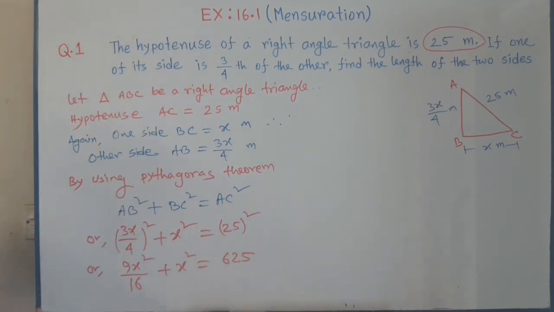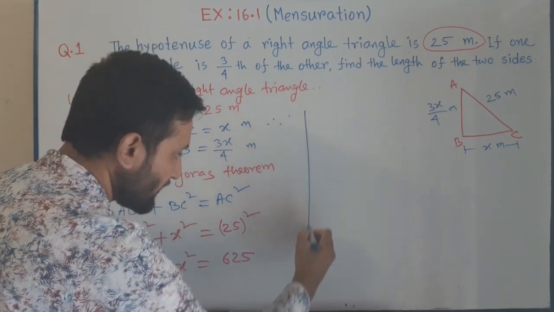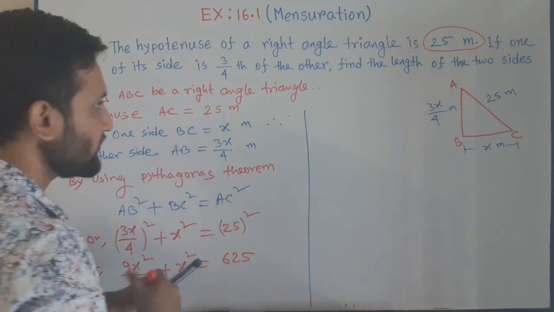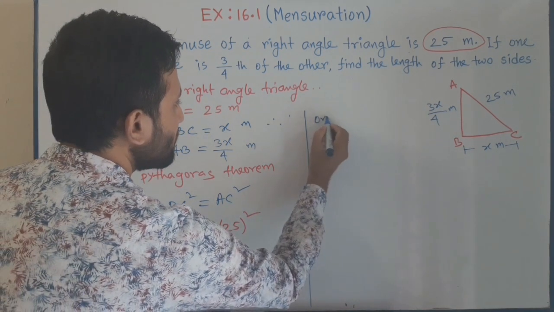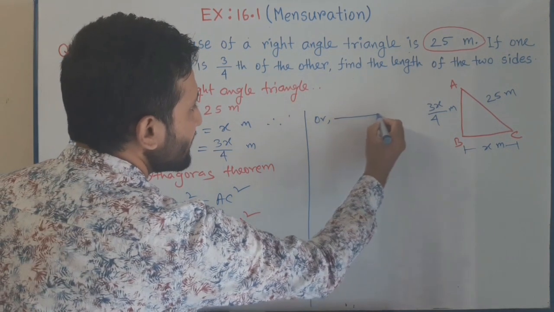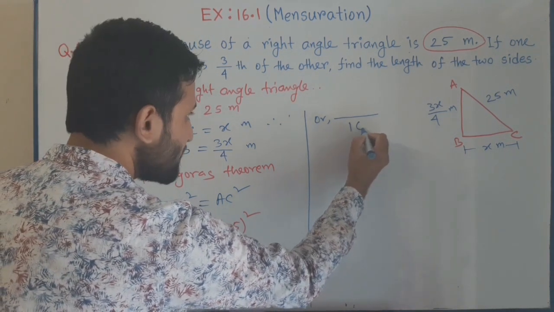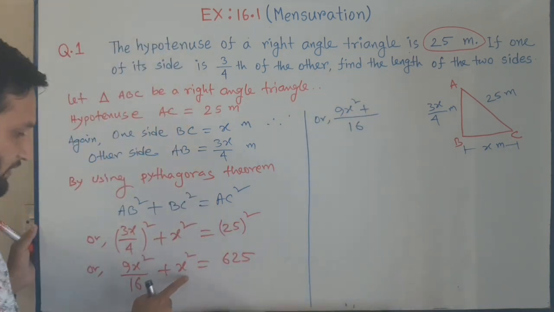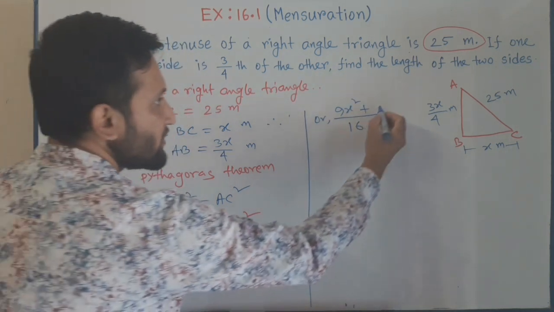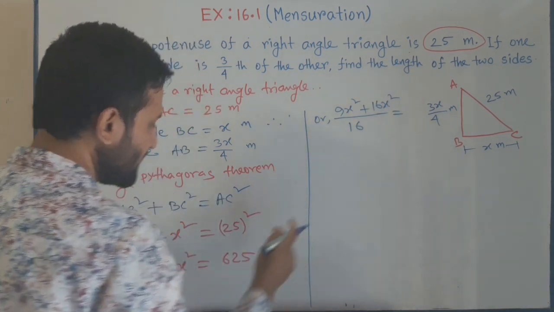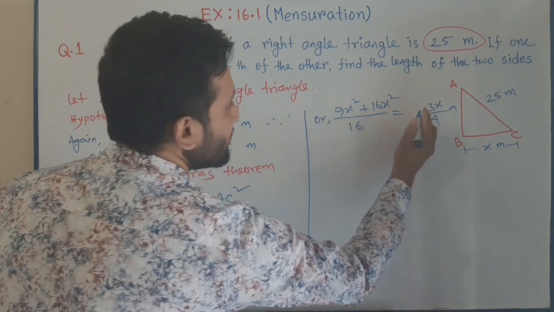Now another calculation. By using LCM on the left hand side, LCM is 16, so 9x square plus x square into 16, that means 16x square, equals 625 on the right hand side.